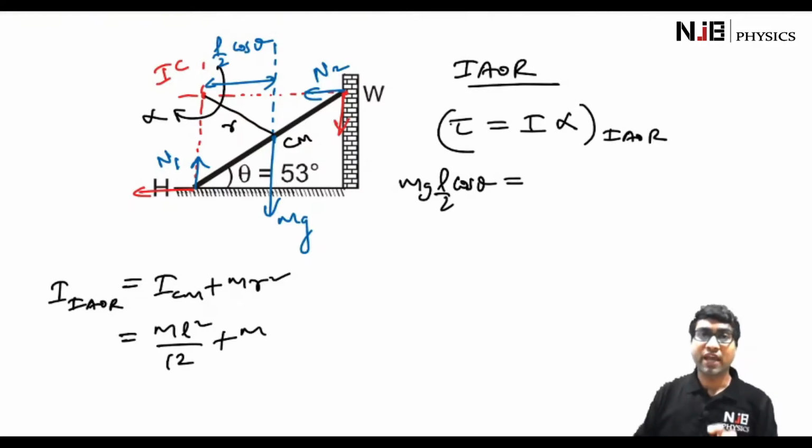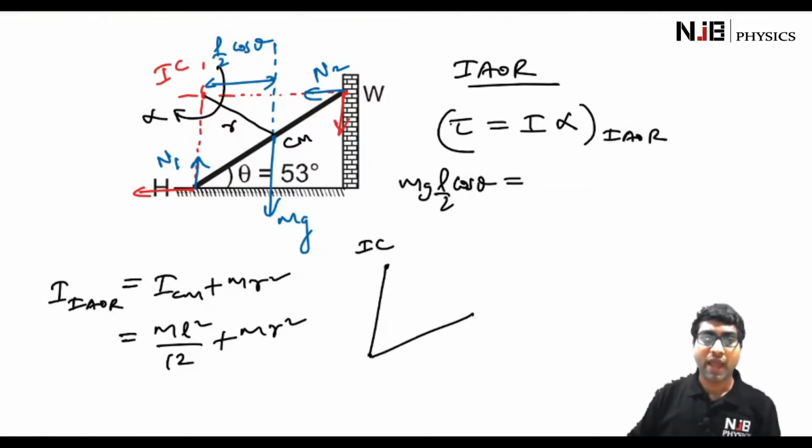And by using the cosine rule, you can get the value of this r. So how are you going to make use of this cosine rule? Well, it's quite easy. This is your instantaneous center, this is the bottom end of the rod, and this is your center of mass, and the distance between IC and center of mass is equal to r, which we have to find.